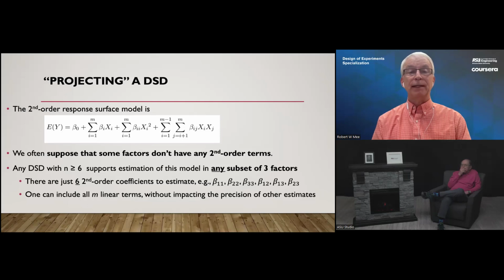That is, in any subset of 3 factors, if those three factors are the only ones with nonzero second order coefficients, then we can estimate that model. We can include all the linear terms, but no second order terms involving the factors that we have omitted.